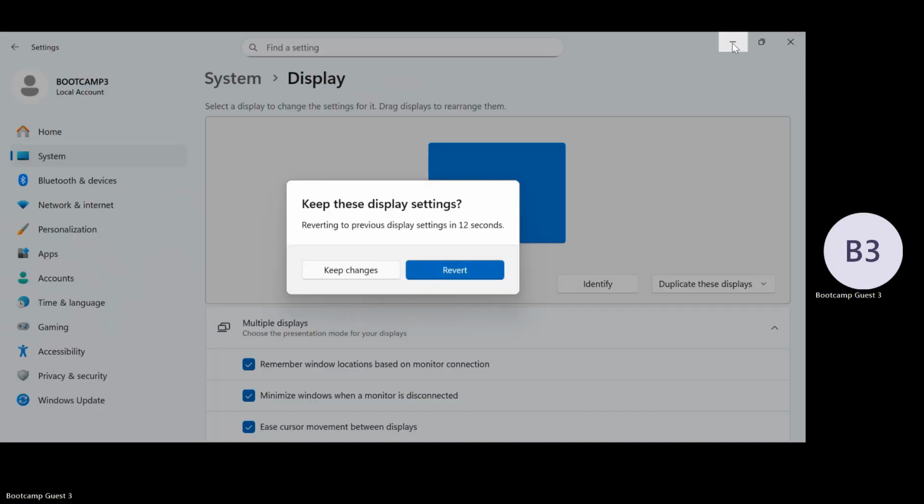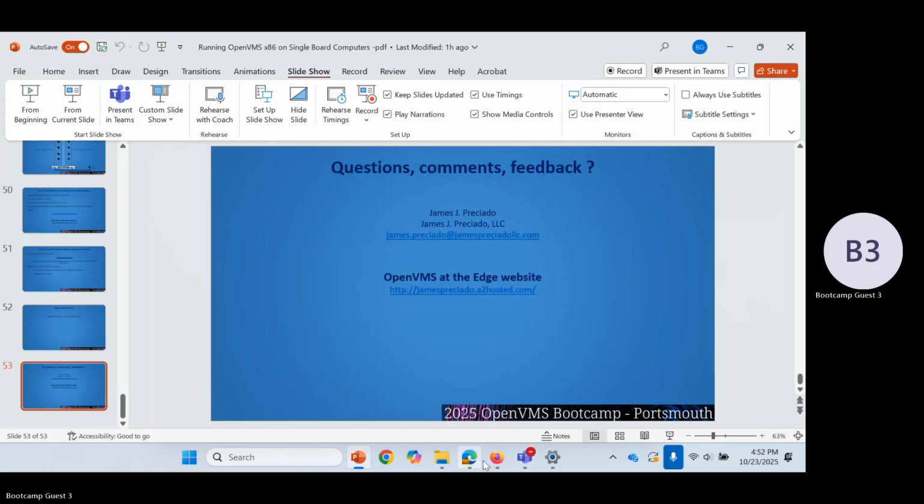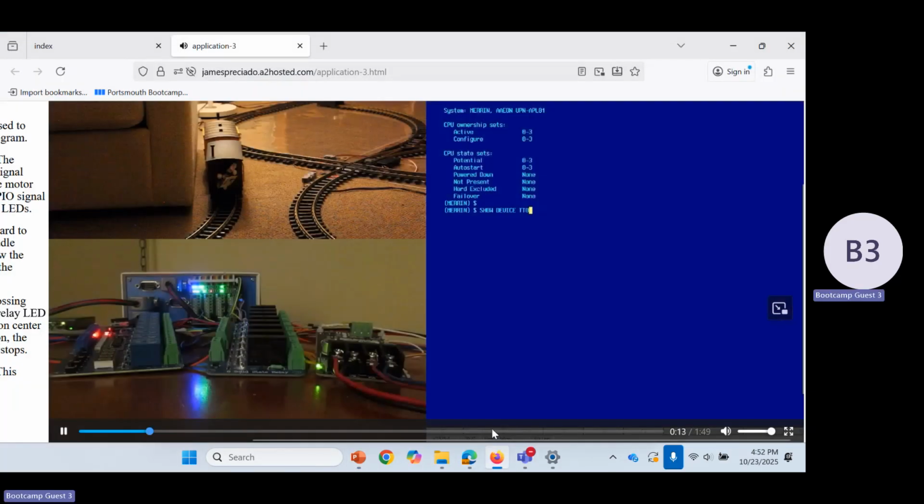System, display. Extend. Duplicate. Okay. Have that back here. There we go.